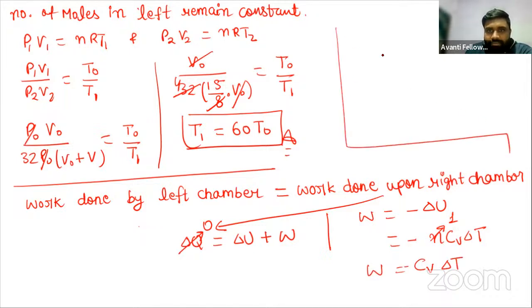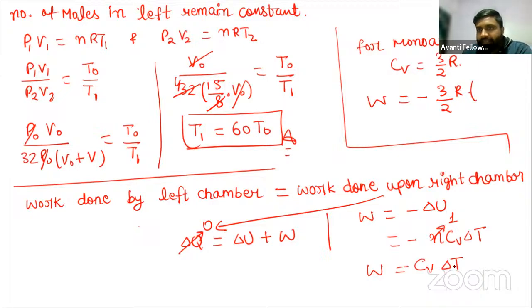Now we know that for a monoatomic gas, Cv is equal to 3 by 2 times R. So work done will be minus of 3 by 2 R into delta T, which is the change in temperature.